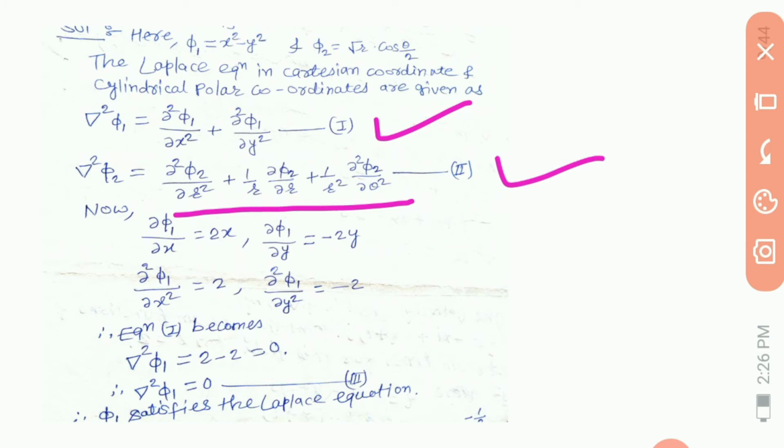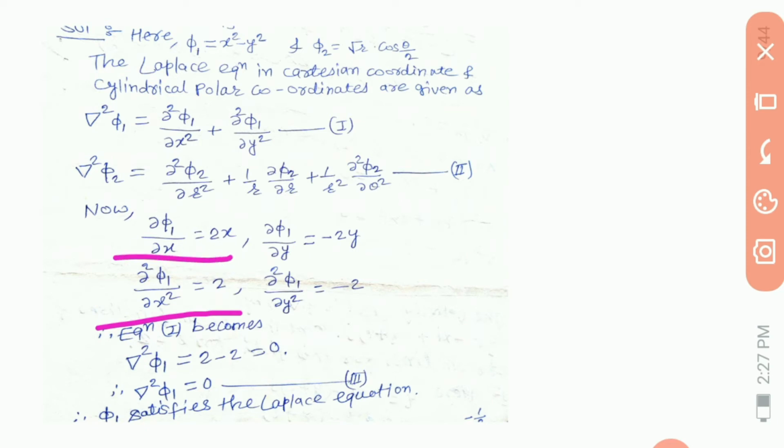So we have φ1 is equal to x² − y². So ∂φ1/∂x, the derivative of φ1 with respect to x, is 2x. The derivative of φ1 with respect to y is −2y. Differentiate this with respect to x, so ∂²φ1/∂x² is 2. Again differentiate this with respect to y, ∂²φ1/∂y² is equal to −2.